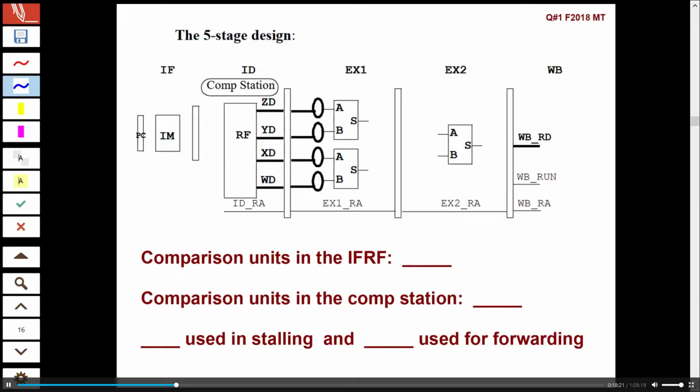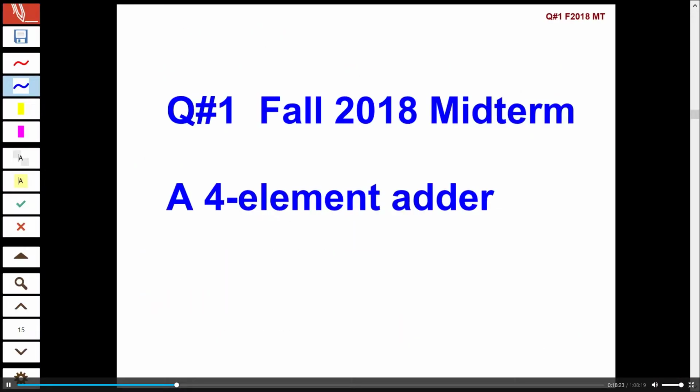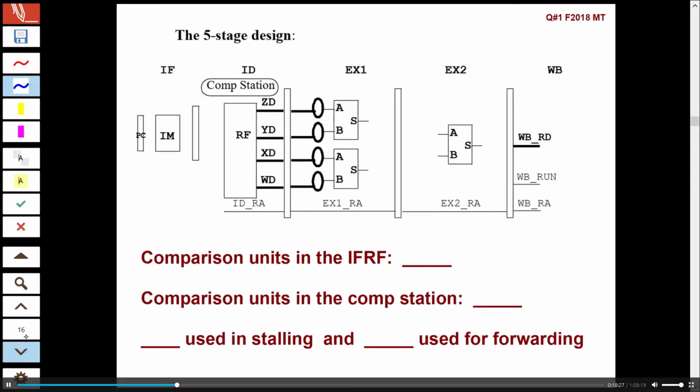Okay, so now we are going to look at one of the exam questions, a 4-element adder. So there are 4 sources, W, X, Y, Z, and all these 4 need to be added. Since addition is associative and commutative, you can add the things in any order.